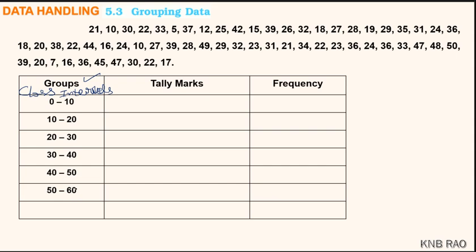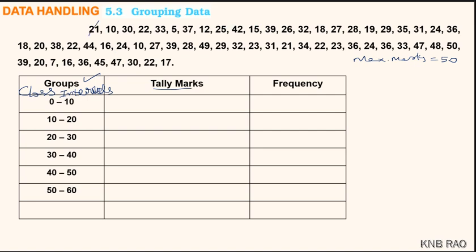Why did I take 50 to 60? Do you know? Maximum marks were 50 only, but why did I take 50 to 60? I will explain it when the situation comes. Okay, let me first group this data as class intervals, and count where these marks will fall.